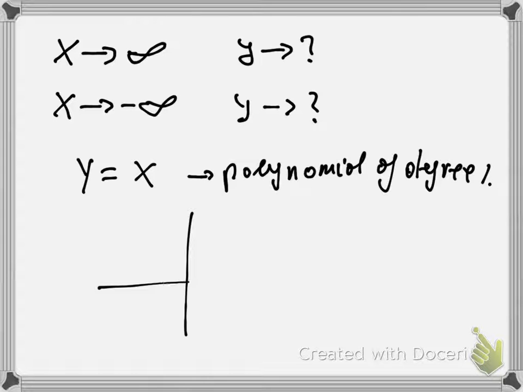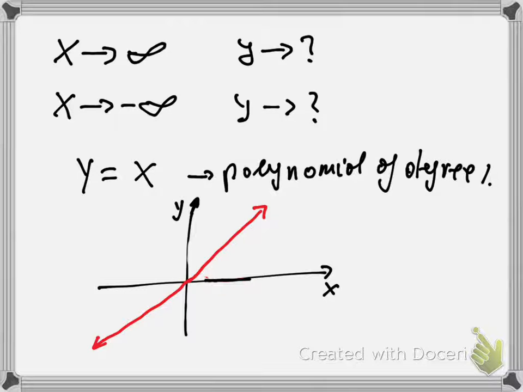So if you grab this line, you will see that when x becomes larger, so here's x and here's y, when x becomes larger, let's say from 10 to 100 to 1000 and so on, we notice that y's become larger.